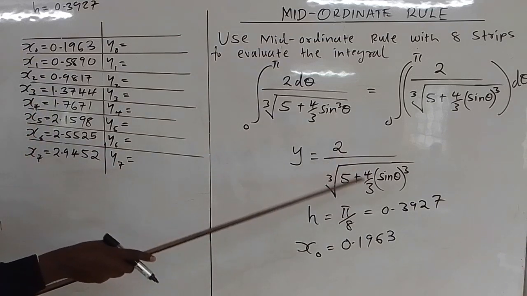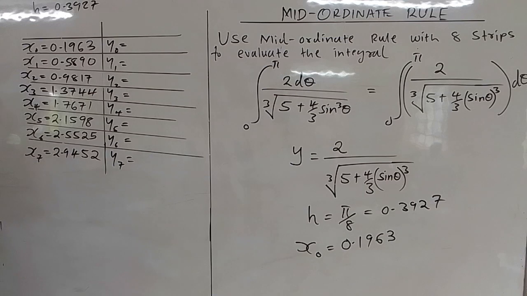In this problem, x is the theta value. So your x0, x1, x2, x3, x4 will be theta 0, theta 1, theta 2, theta 3. Are you getting the idea?